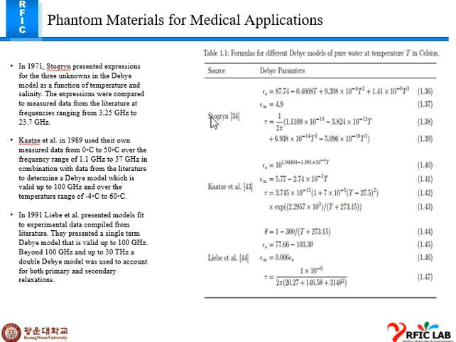Beyond 100 gigahertz and up to 30 terahertz, a double Debye model was used to account for both primary and secondary relaxation.